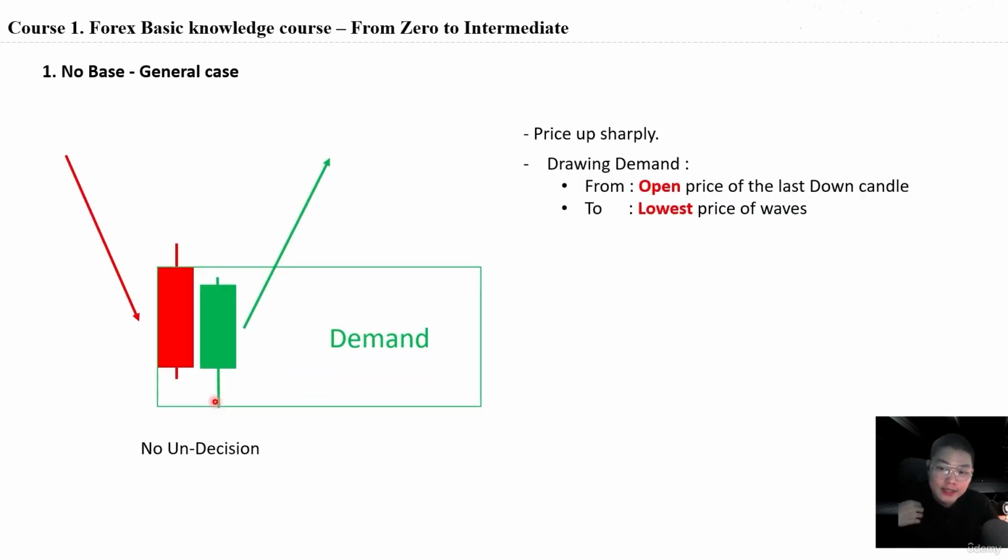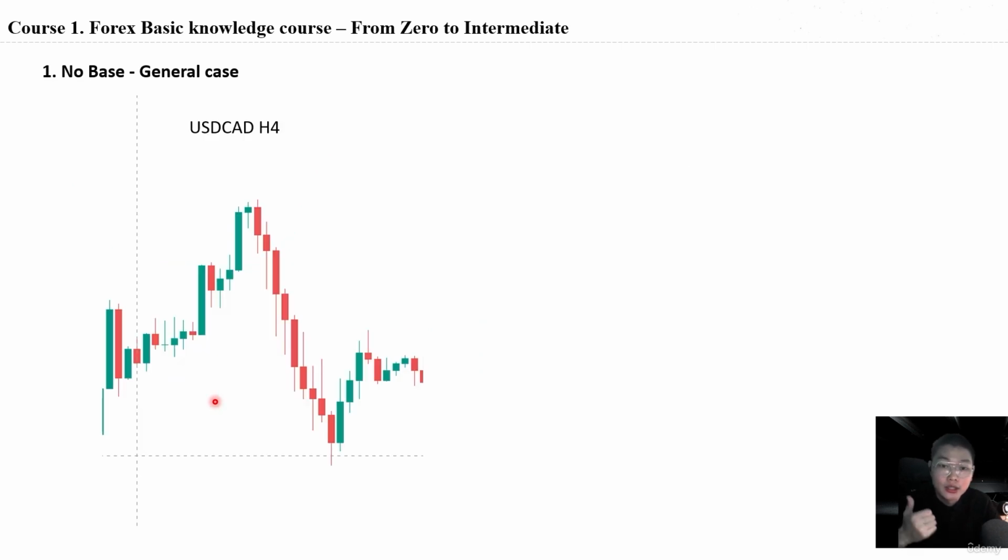And if I teach you very quickly, you can pause this video for several seconds to read again and understand more. And here is an example for you on the USD/CAD on the 4 hour time frame. Let's see about this peak.